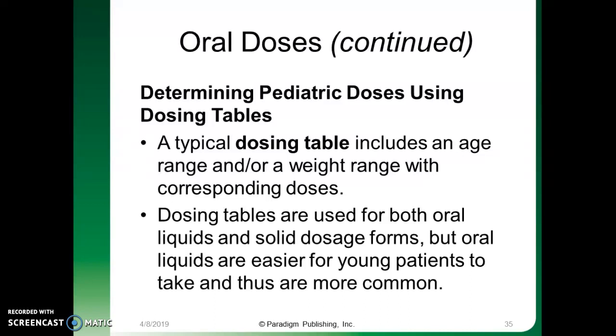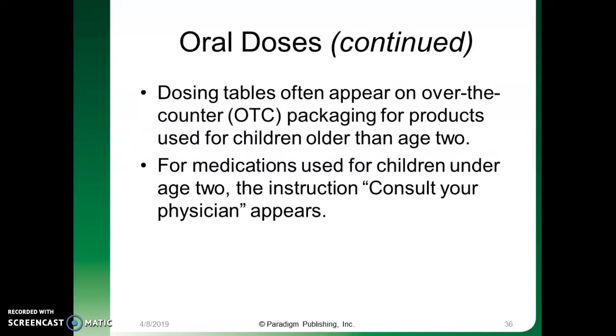So again, these tables will be for those types of patients for whom sometimes there's no commercially available medication. So these dosing tables will be used, or calculation of dosage will be used.